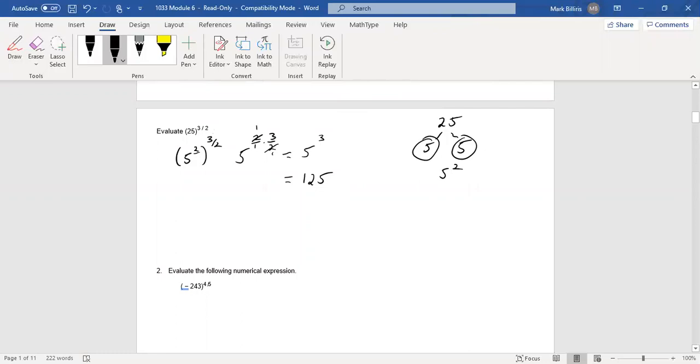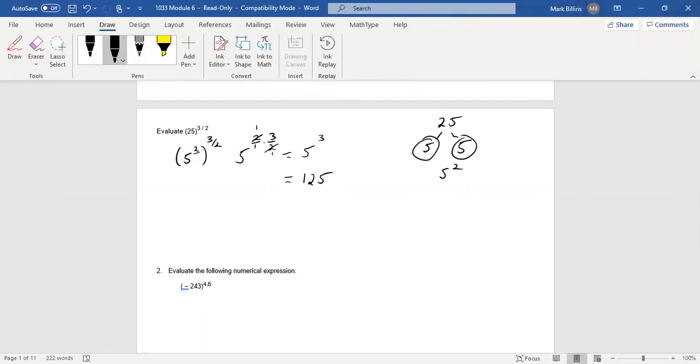My next problem, I'm going to do the exact same thing. We're going to start by breaking 243 down into prime factorization. Since it's an odd number, we're going to start by trying 3.